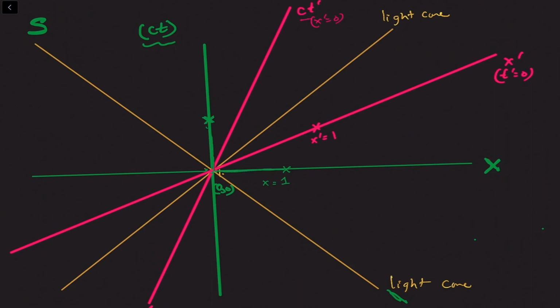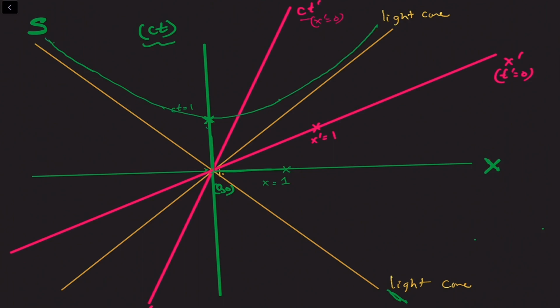So this would correspond to the coordinates ct is equal to 1. And now again we do the same thing. We draw a unit hyperbola passing through this point. So this unit hyperbola would lie in the future light cone of the origin.